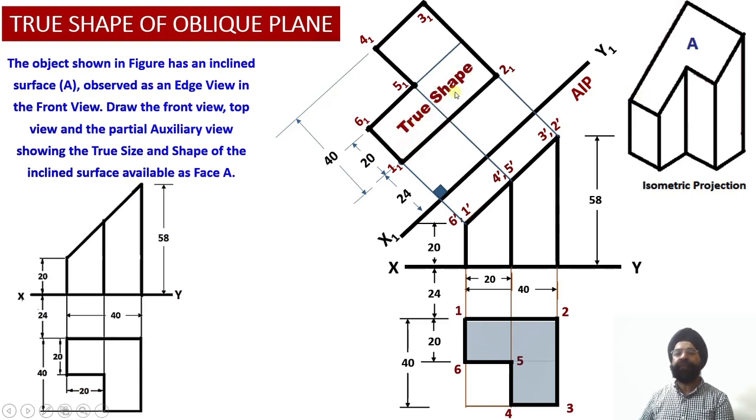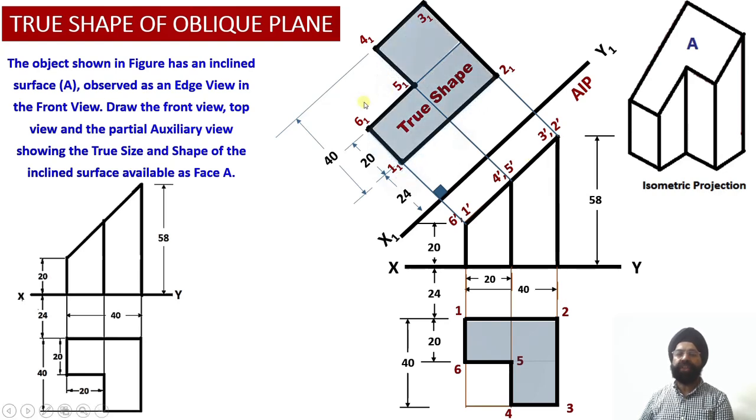Now this surface, as it is obtained in the auxiliary plan view onto the auxiliary inclined plane, is going to reveal the true shape of the section surface, because we had drawn this auxiliary inclined plane parallel to the edge view of the sectioned cut surface of the solid.